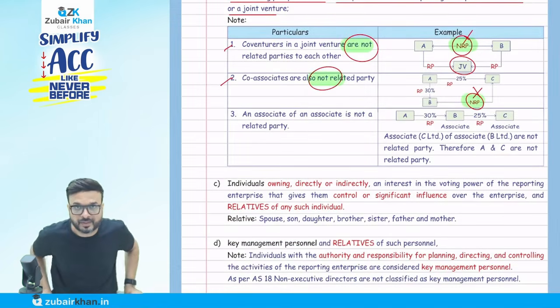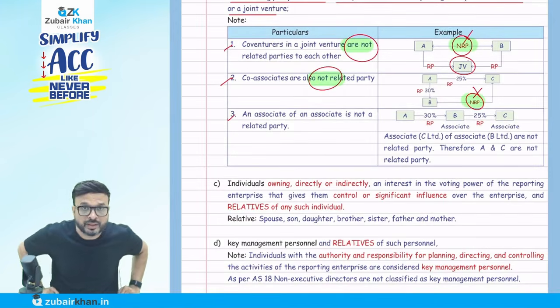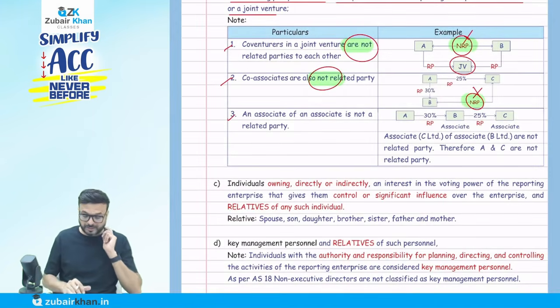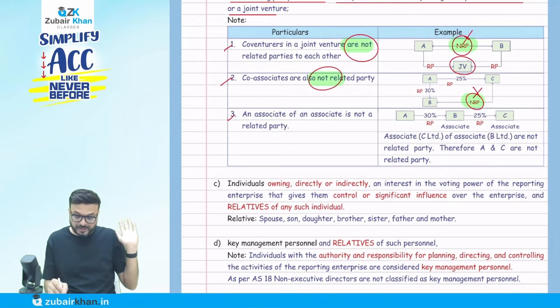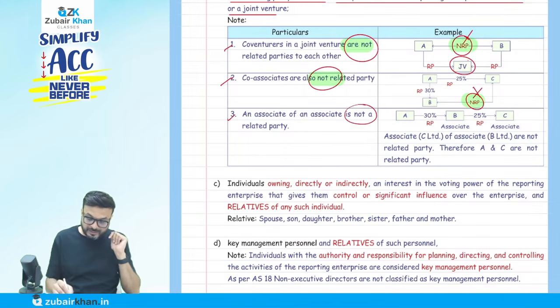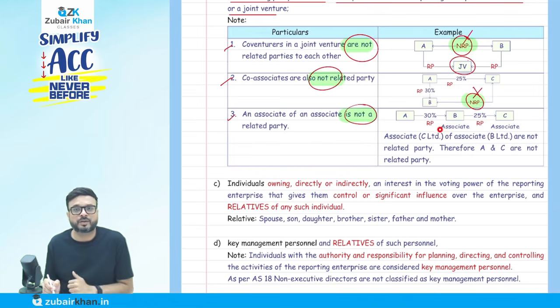Now the third point is very important. They say an associate of an associate is not a related party. What does that mean? Suppose A holds 30% shares in B. So A and B are related because it holds more than 20%. B holds 25% in C, so B and C are also related.